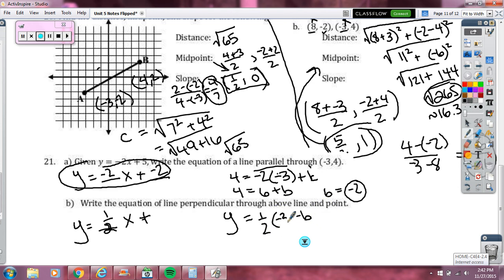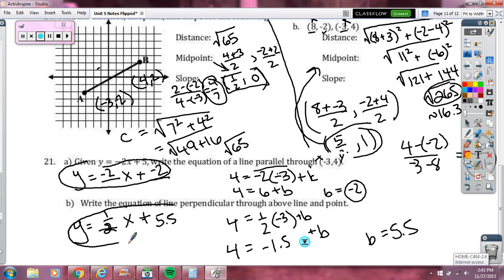So I'll pop that guy in there. I know that I can use 4 for y. And I'll solve it. So 4 equals negative 1.5 plus b. So I'll add 1.5 to both sides, and I'll get that b equals 5.5. So that's what I'll put over here. And I'm done.